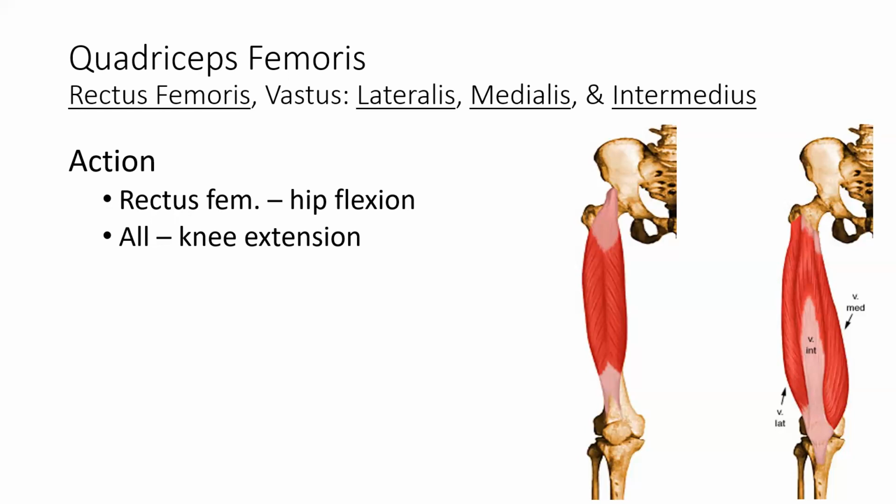They cannot be individually activated, but some can be less of a contributor. Vastus lateralis is our strongest of the quadriceps femoris group. It contributes about 70% of the torque for knee extension.